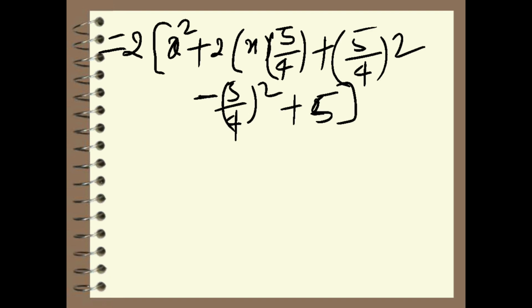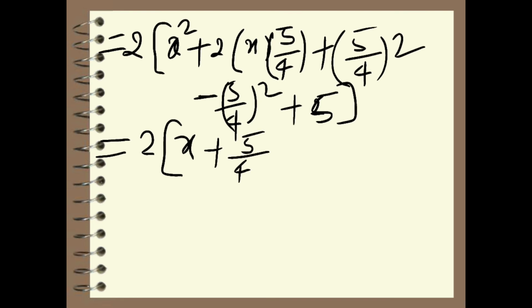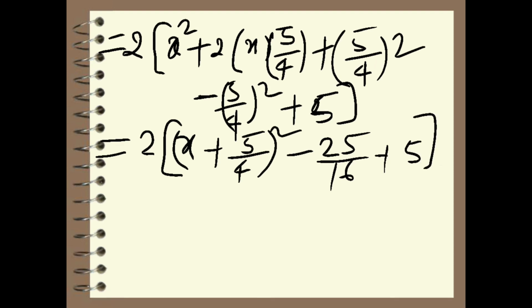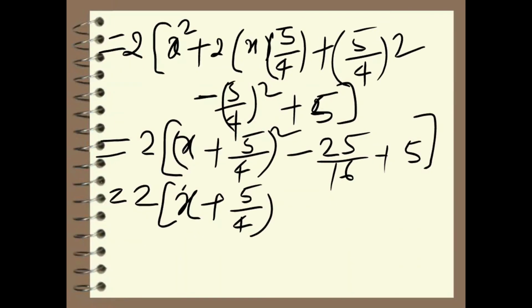So this is equal to 2 into, the first 3 terms can be written like this: x plus 5 by 4 whole square, minus 5 by 4 whole square is 25 by 16, plus 5 remains the same.